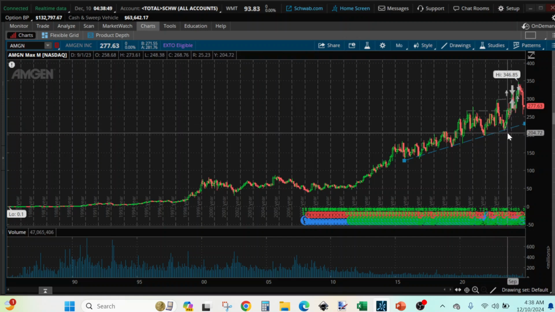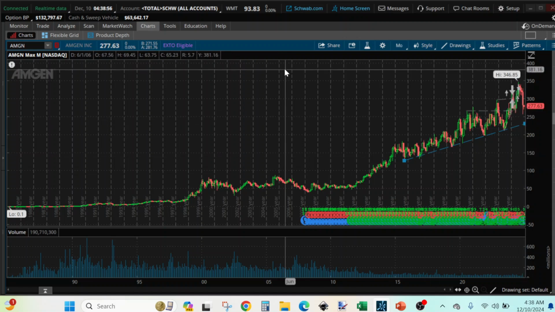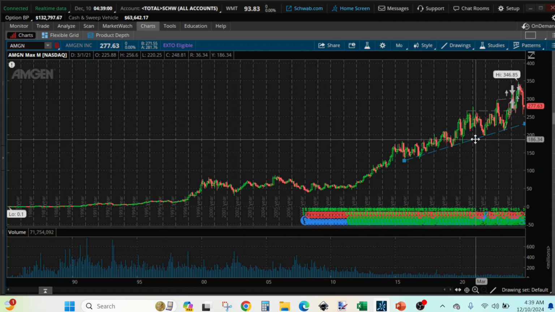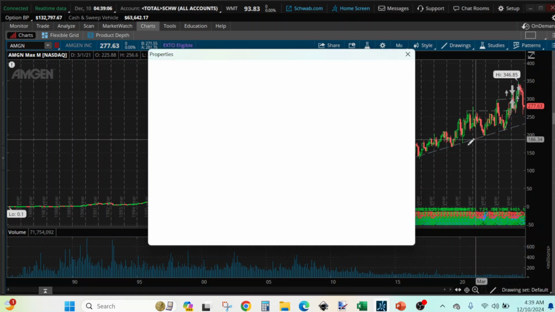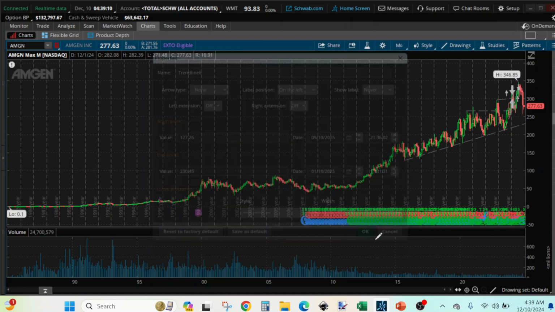This one, we can trace another one going that way, but because it came close to this, I will stay with that line. And this line, let's make it purple and follow it.